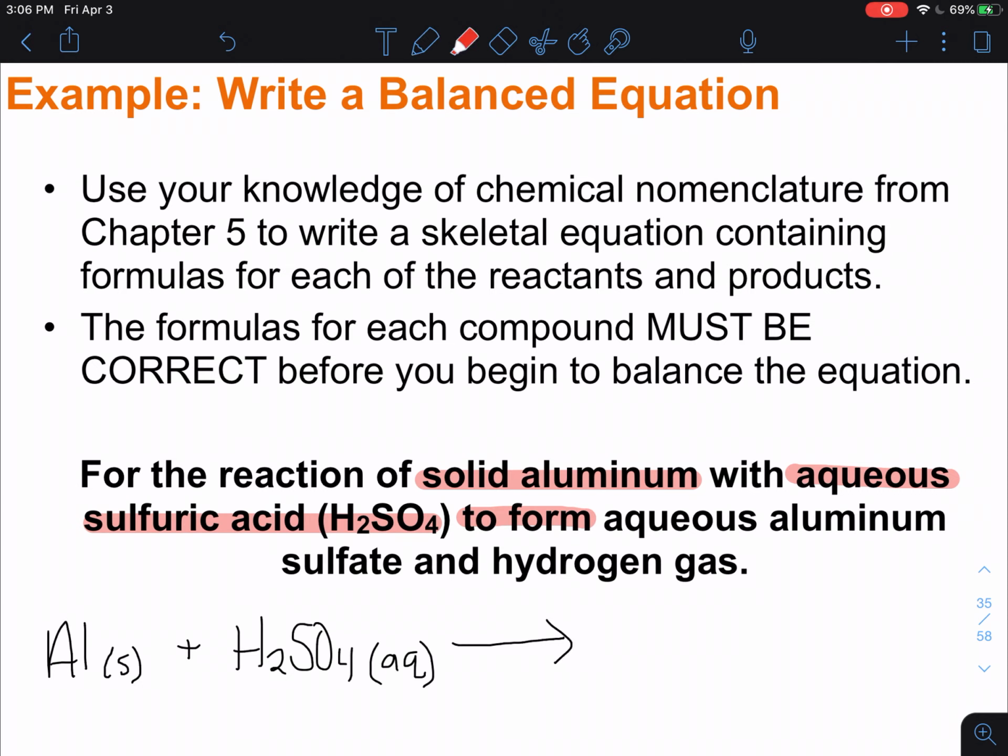and then aqueous aluminum sulfate. All right, so aqueous aluminum sulfate, so you have Al. Now, if you remember, aluminum is always a +3, and then sulfate, SO4, is always 2-. So we can't just combine those 1 to 1, right?